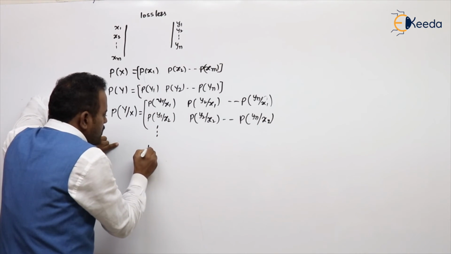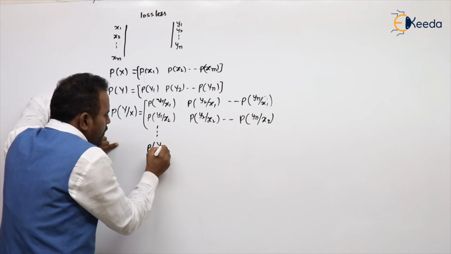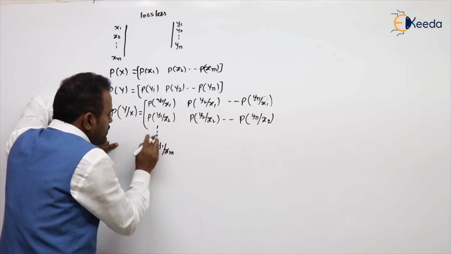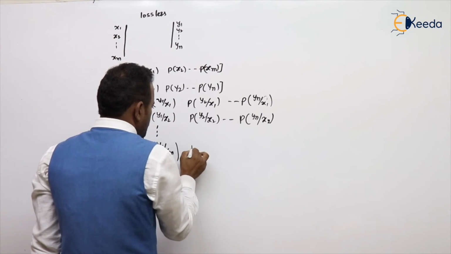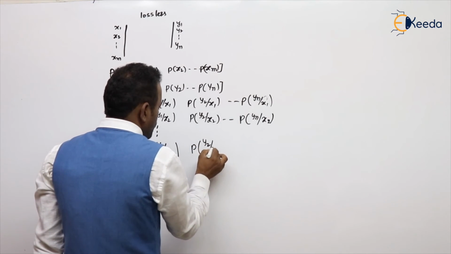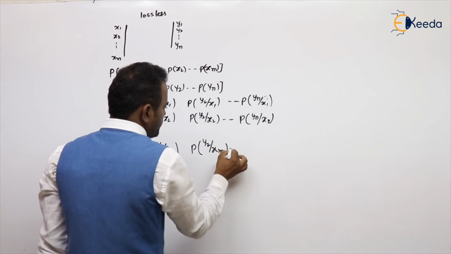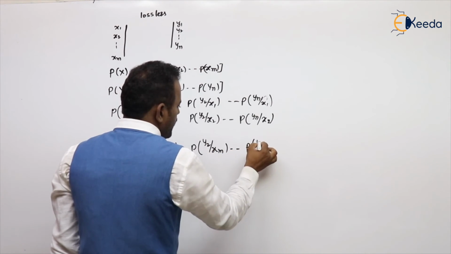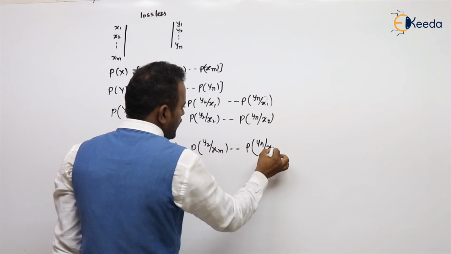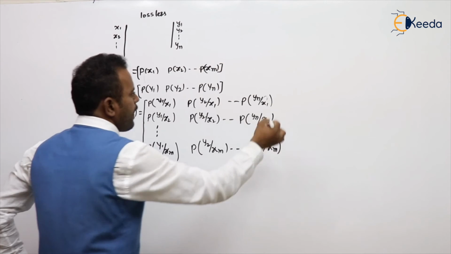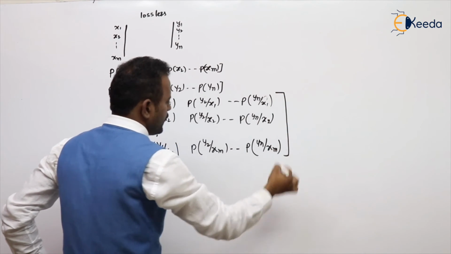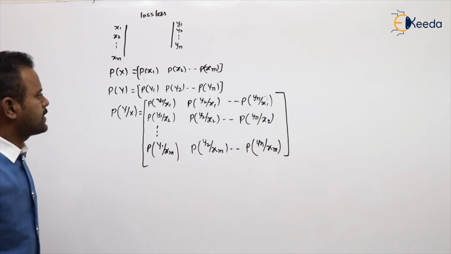In a similar manner, last row, probability of y1 when you transmit the last symbol xm, y2 by xm, probability of yn by xm.